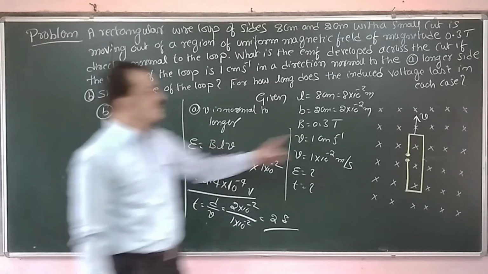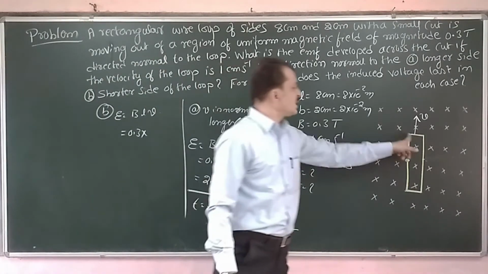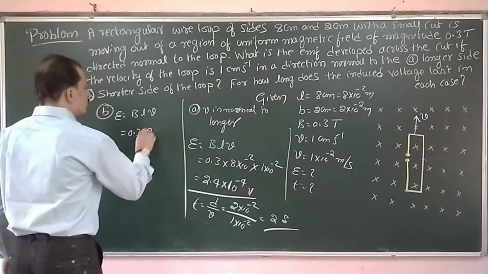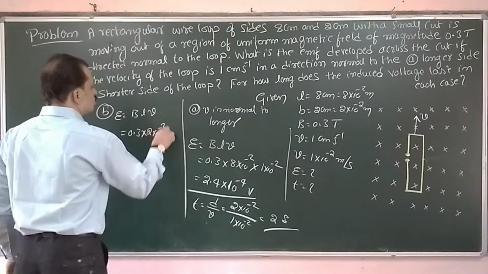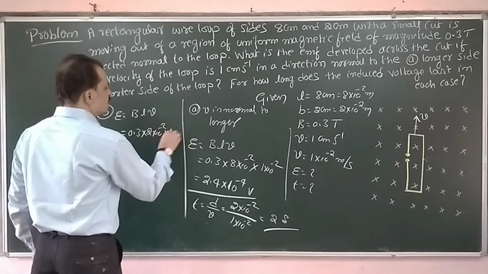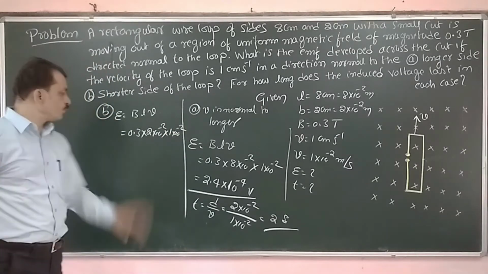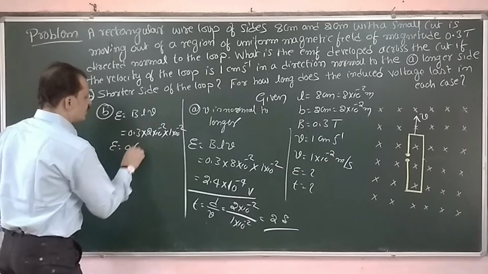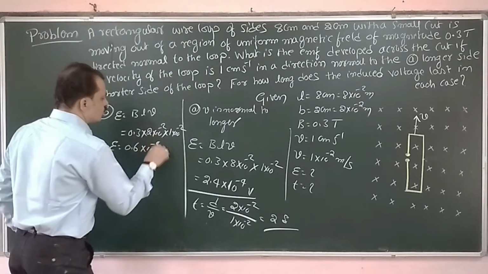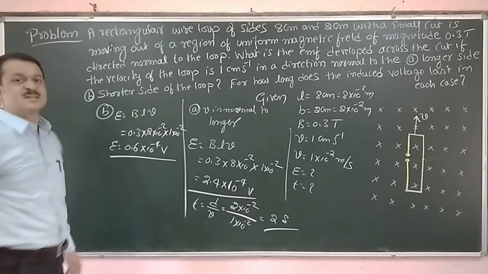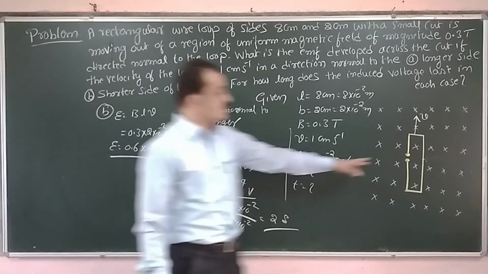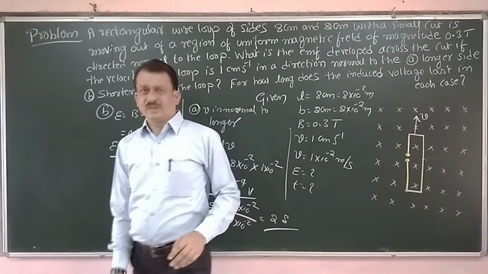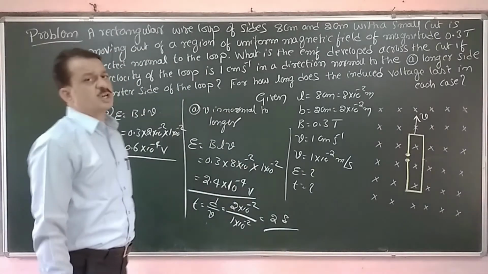Now here in this case L is nothing but the breadth, this side, that is 2 centimeter, 2 into 10 raised to minus 2, and velocity is 1 into 10 raised to minus 2. If you simply work out motional EMF, we are getting 0.6 into 10 raised to minus 4 volts. This amount of EMF is developed across the cut when the velocity is normal to the shorter side.